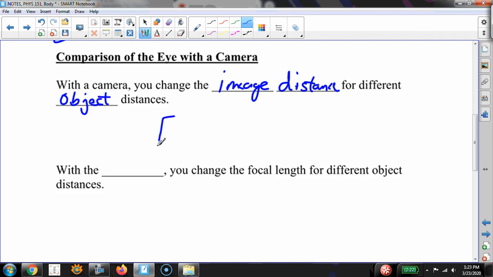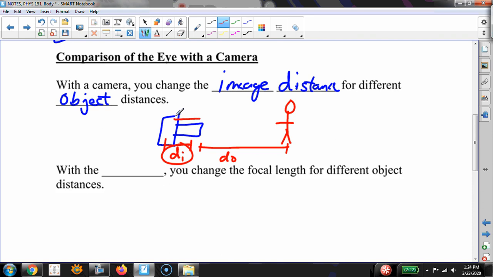If I have a camera with a lens like this, my image distance is this distance, di, and my object distance is this distance, do, to wherever my subject is. I want to have a camera such that I can take different object distances. When I change the object distance, this distance will increase or decrease, and so the camera lens can either move in or move out.